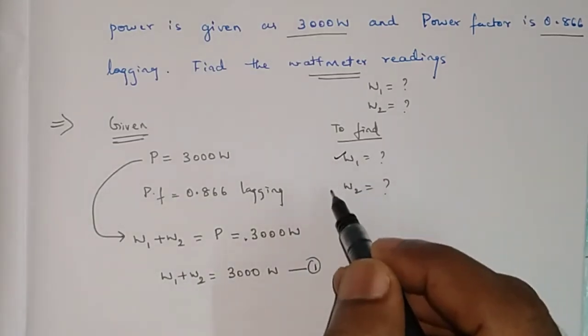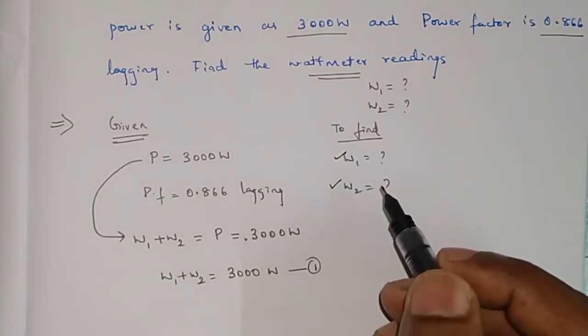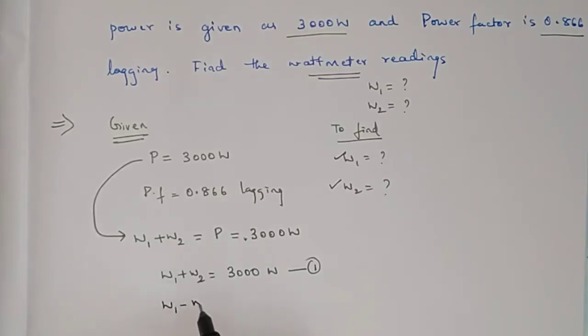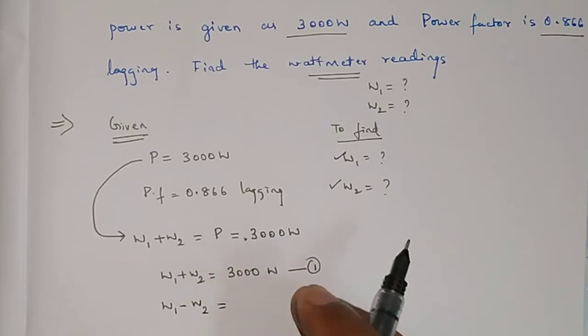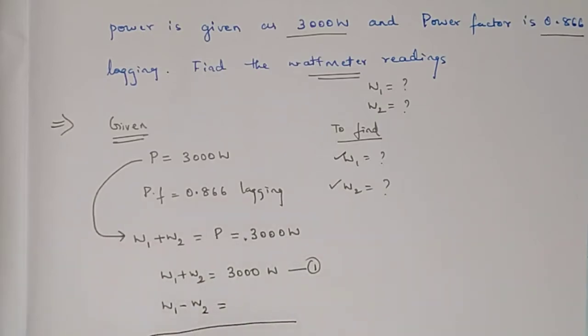Now if I want to find the individual wattmeter readings W1 and W2, and I get an equation for W1 minus W2 equal to some value, I can simplify the two equations and find the W1 and W2 readings separately. So my target is to find an equation for W1 minus W2.